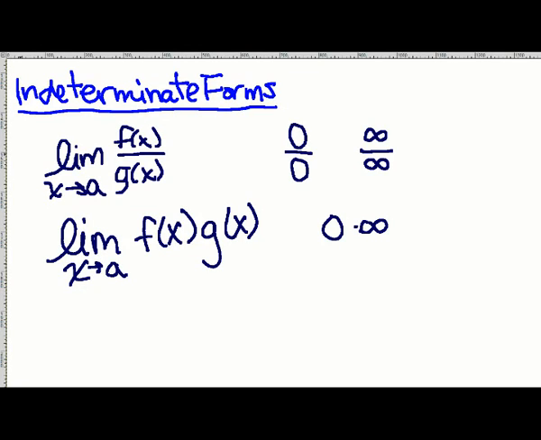Do we have infinitely many zeros, or do we have a whole number times infinity? It could be 0, it could be infinity, it could be any real number. And so we'll look at a technique for computing these limits as well.